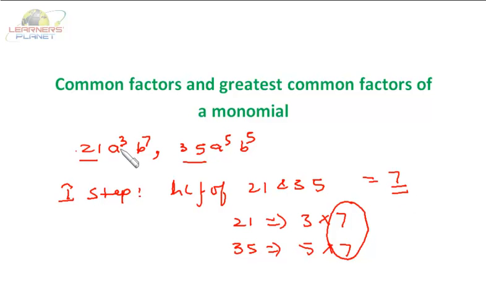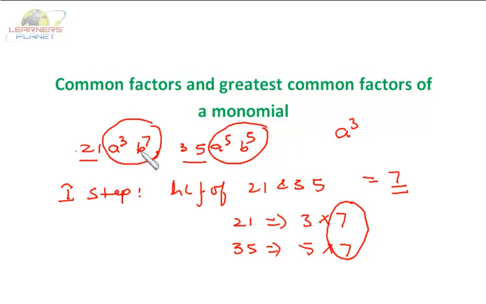Now we have to find out the HCF of these algebraic terms. So we have to calculate the lowest power of each variable. Here we are having two variables, that is a and b. Now what is the lowest power of a which is there? It is a cube.